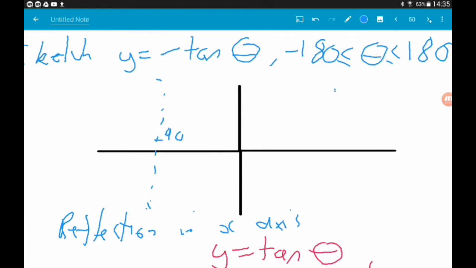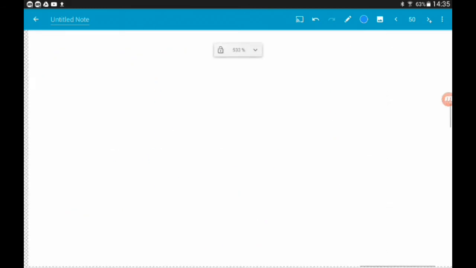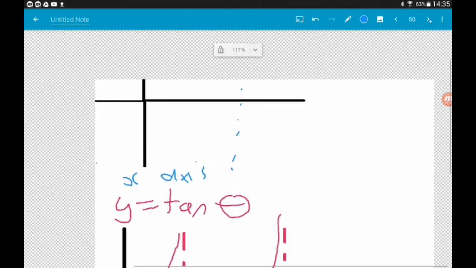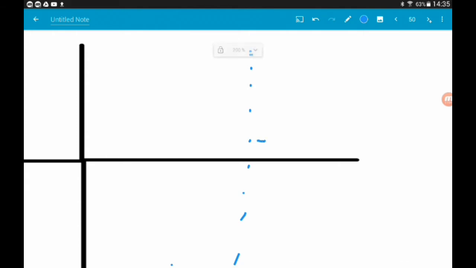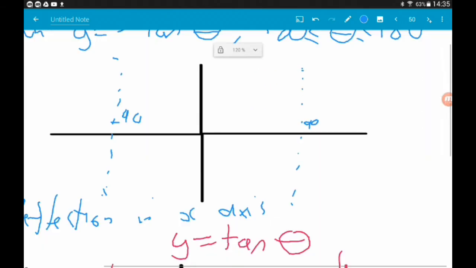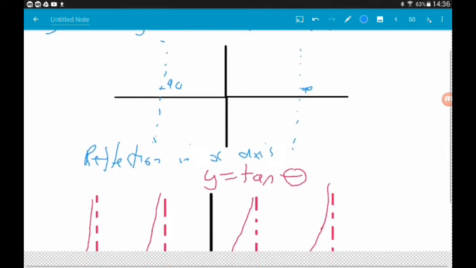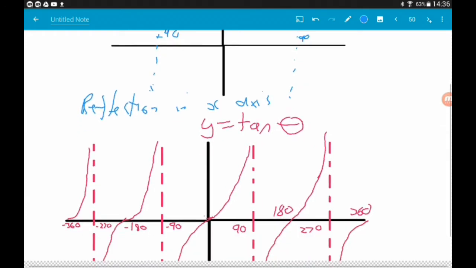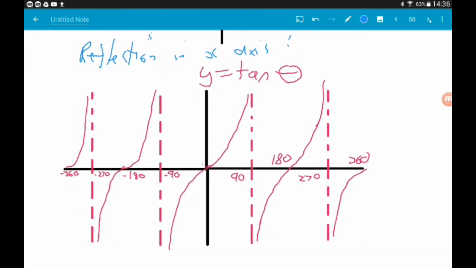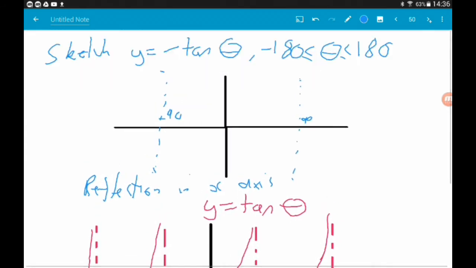And then we've also got one at positive 90. So this guy is at 90. So minus tan theta is a reflection in the x-axis. So we're just reflecting this guy. So it's actually going to go something like this.